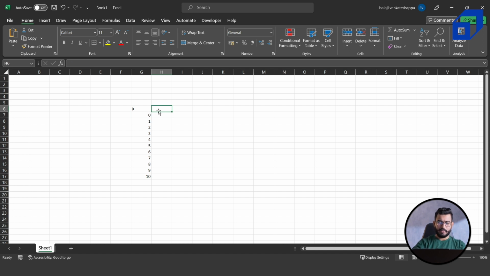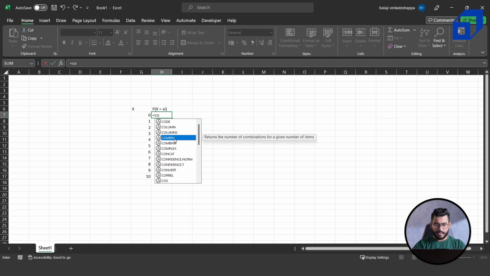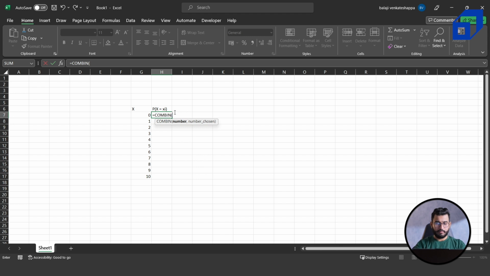I'm now interested in calculating the probability of x equal to xi. So let's do that. We will use the combination formula. COMBIN is the function that we have in Excel, and the total number of trials is 10, and x is this, multiplied by, so nCx, the probability of success, 0.4 to the power of x.